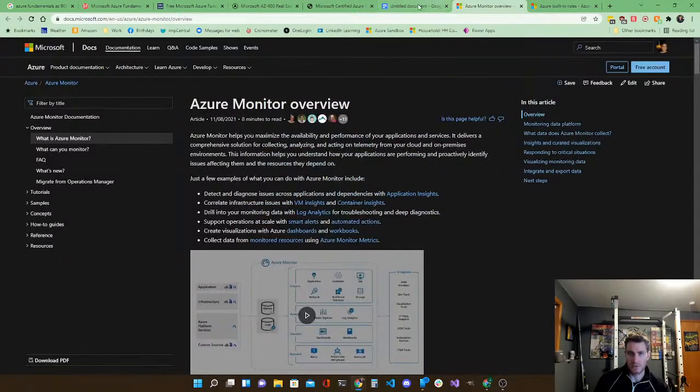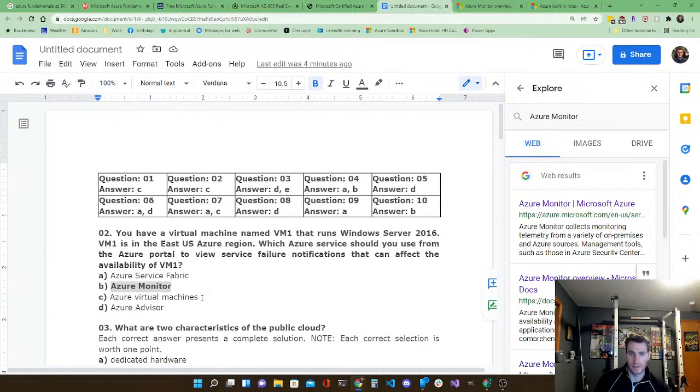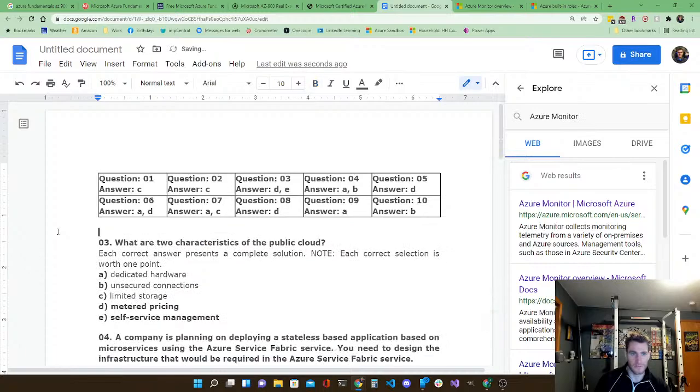But I guess we're just saying that it's built into virtual machines. So that one I'm a little confused on, and I don't do a whole lot with virtual machines. So, got that one wrong.